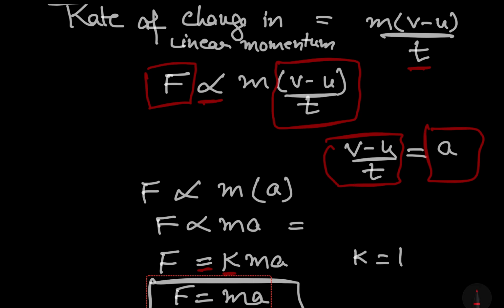So I will write this whole thing is equal to a. So what we are getting, the mathematical formulation of the second law, F is equal to ma, which is that force acting on a body is a product of two things. What are those two things? Mass of the body and acceleration of the body. I hope this is clear to you.